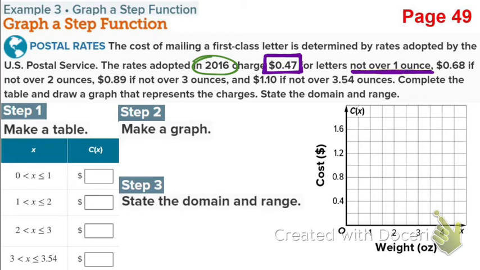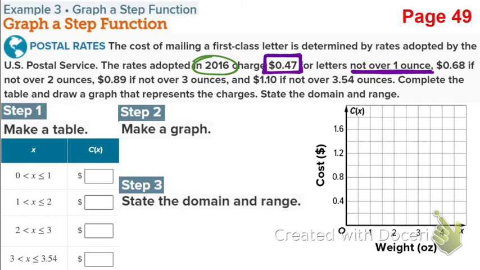Could it go all the way up to 1 ounce? If it says it's not over 1 ounce, can I go all the way up to 1 ounce? Yes. 47 cents. Look at this table over here. If x is my package weight, would anybody send a package that weighs 0 ounces?